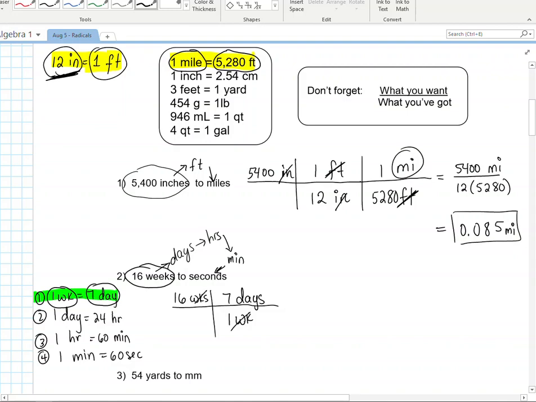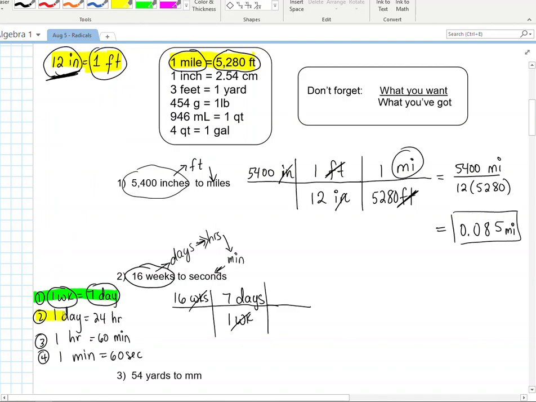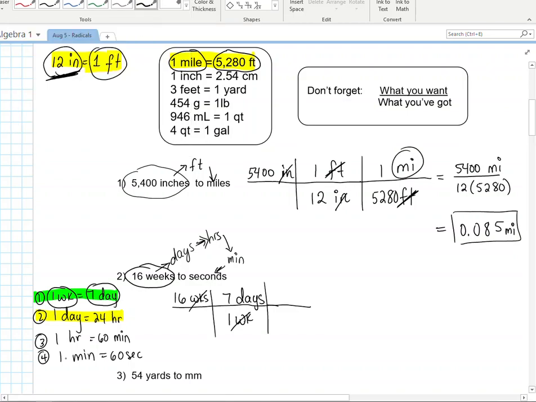Weeks cancel. Now we have days, and from days we're going to go to hours. So 1 day goes on the bottom so that the day units cancel, and the 24 hours goes on the top.